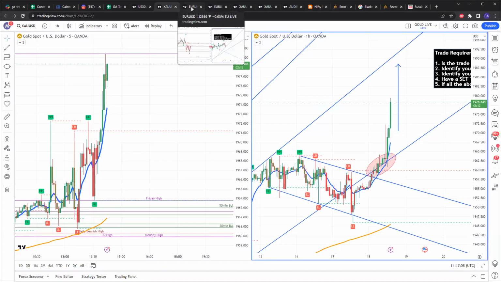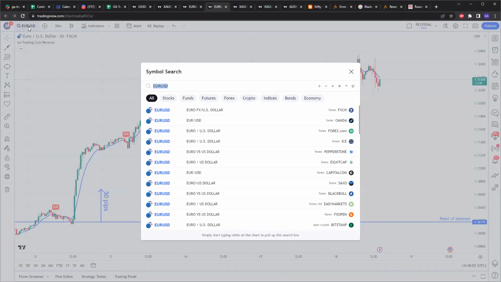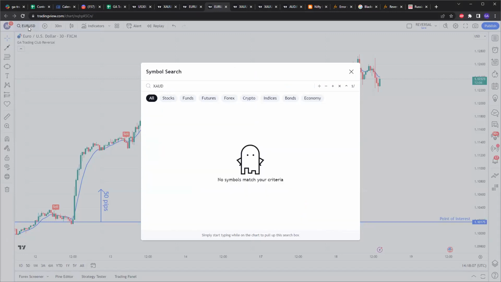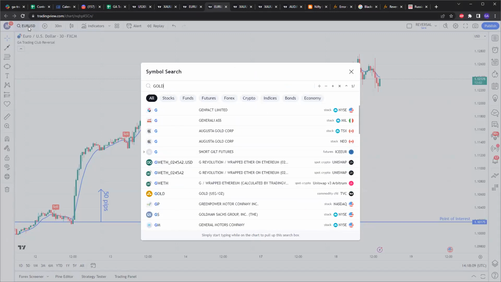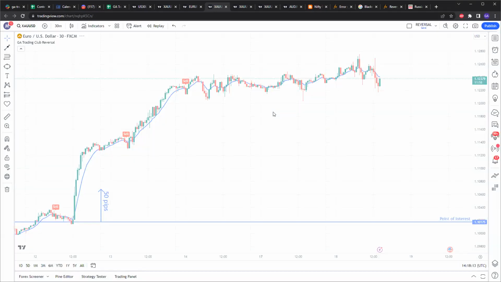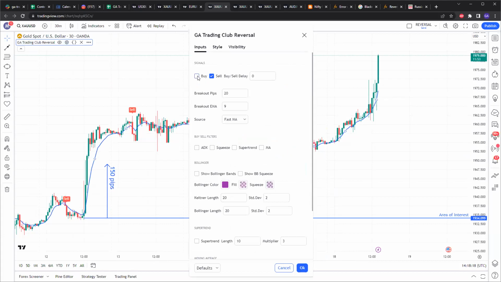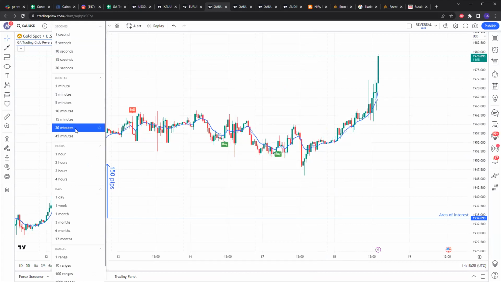What else do we have? Let's see what the reversal indicator is telling us based off of buys, because the reversal indicator can also give us an entry. Okay, so let's turn on both buys and sells.